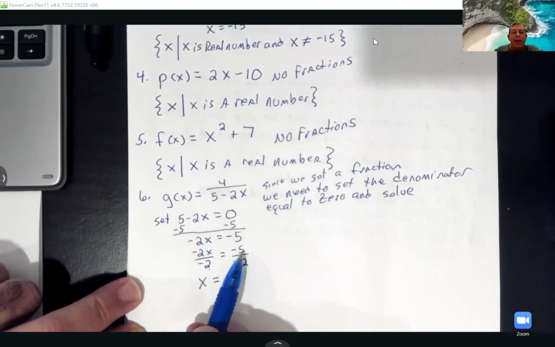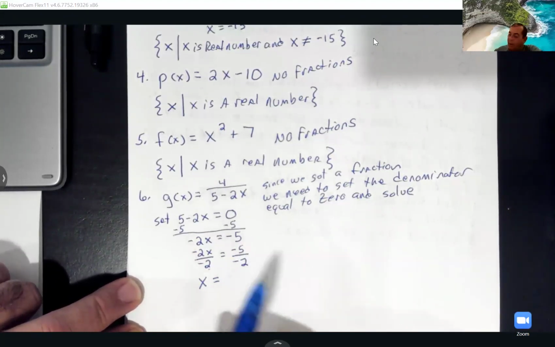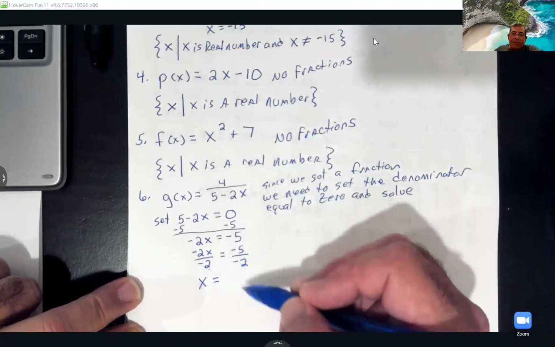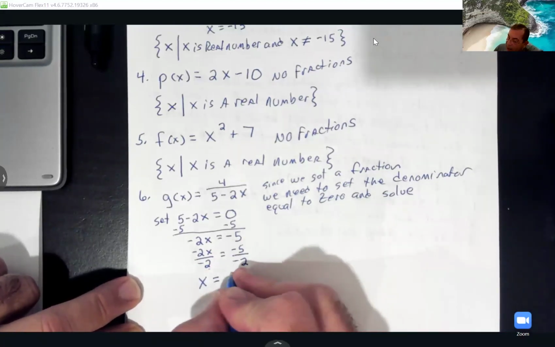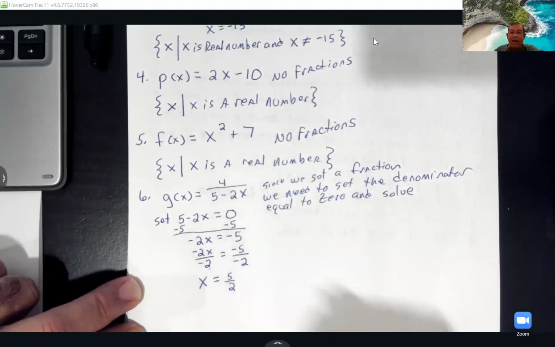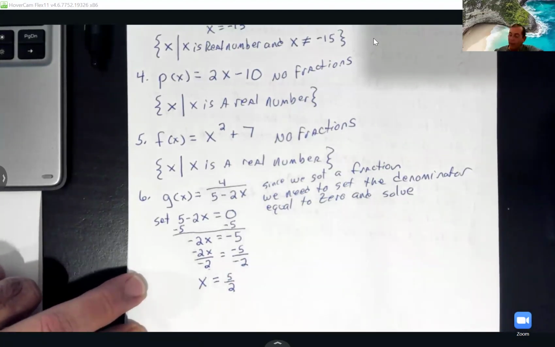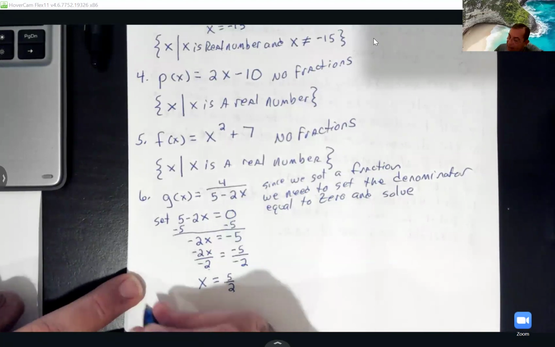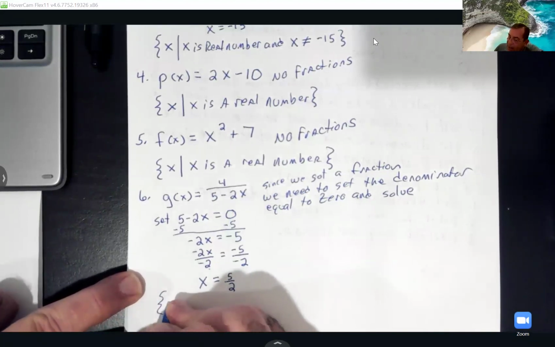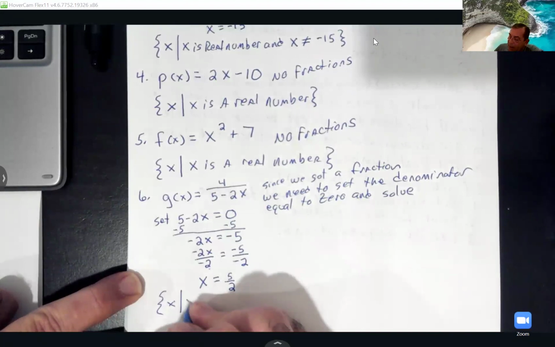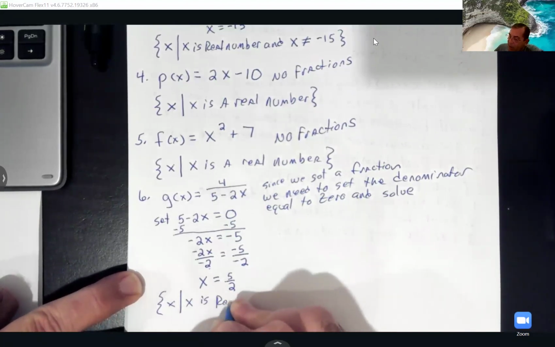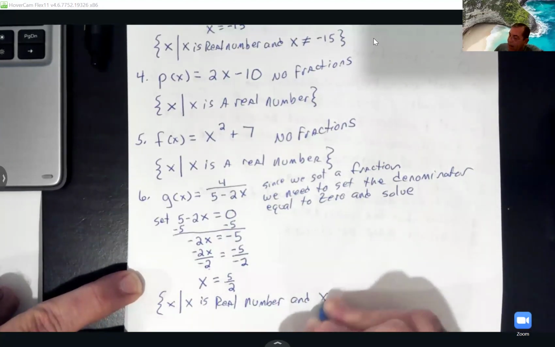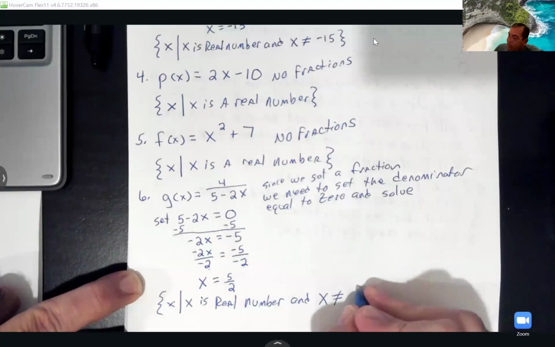Now over here, we can't really reduce 5 and 2, but y'all, I got a negative divided by a negative. So the negatives will actually cancel out, making that a positive 5/2. So 5/2 is the only number that I cannot put in for that x. So my answer is x such that x is a real number and x cannot equal 5/2.